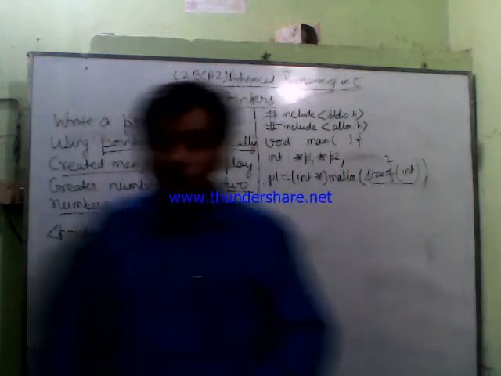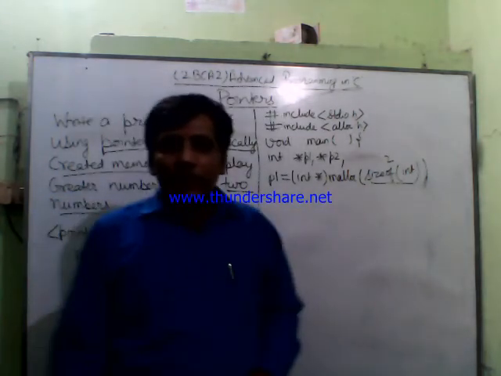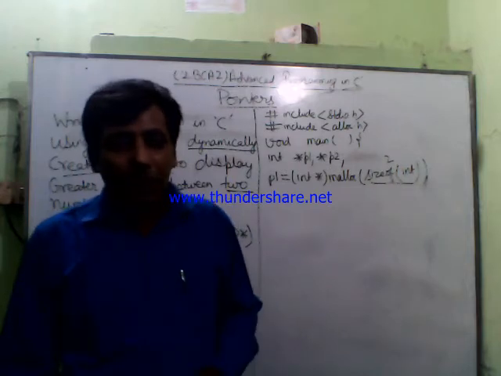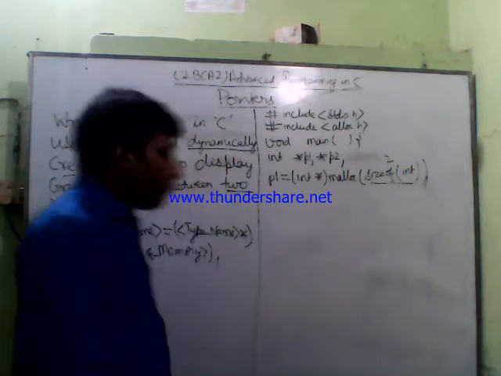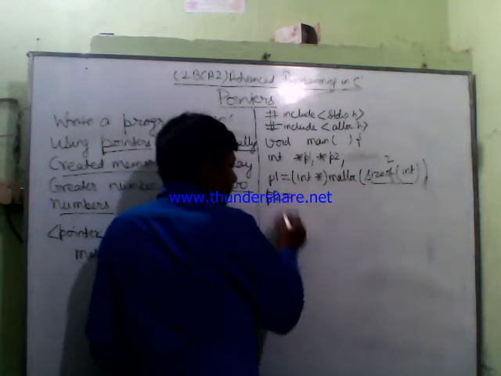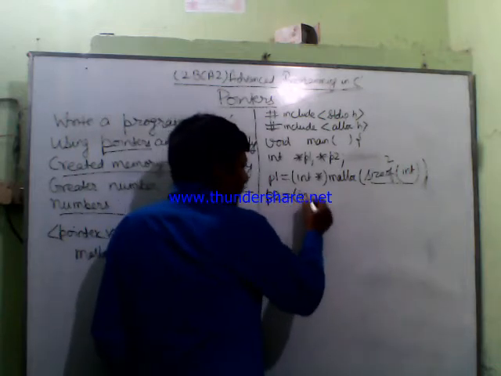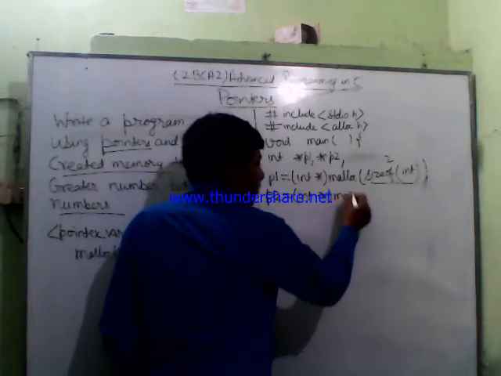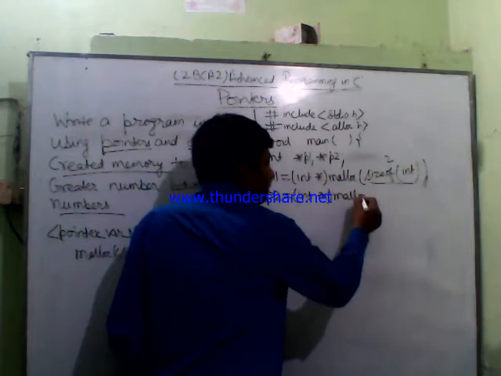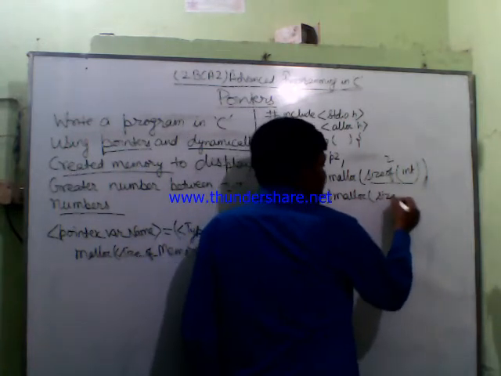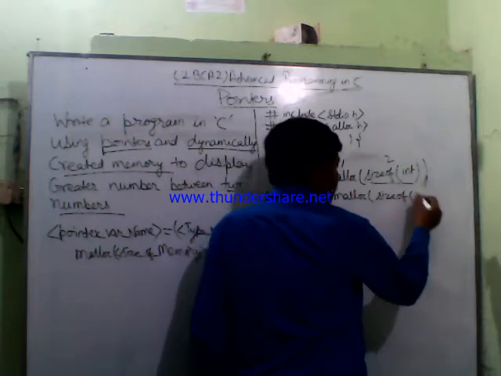Similarly, I have to store the address of dynamically created memory in my pointer P2, and hence I am writing the code P2 is equal to (int *) malloc(sizeof(int)).